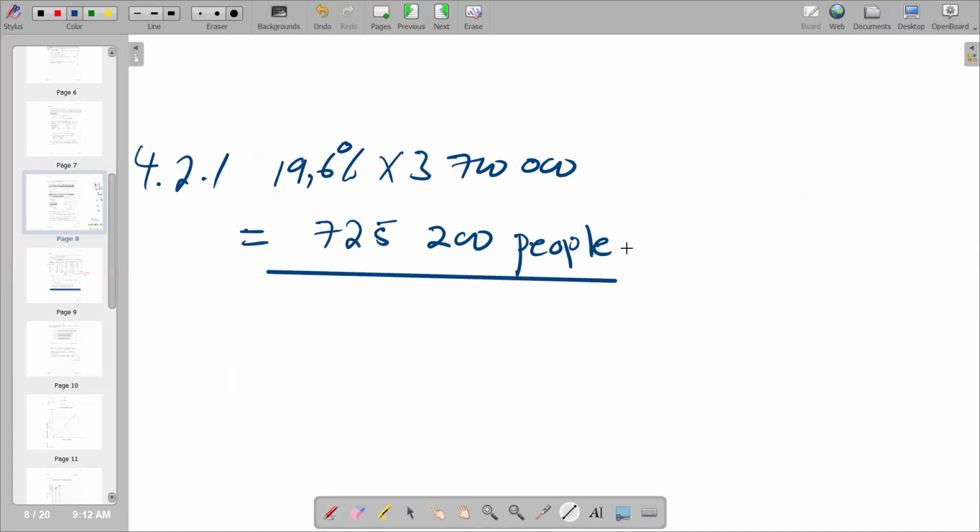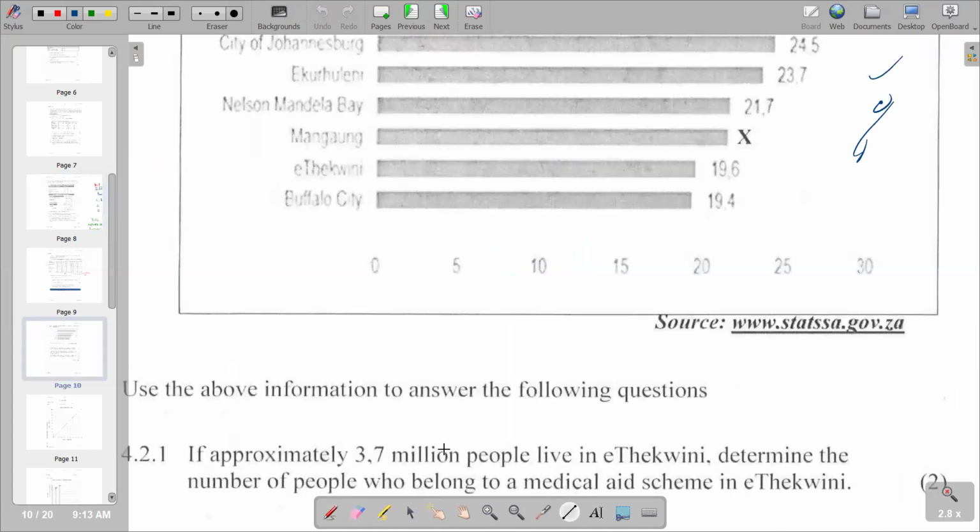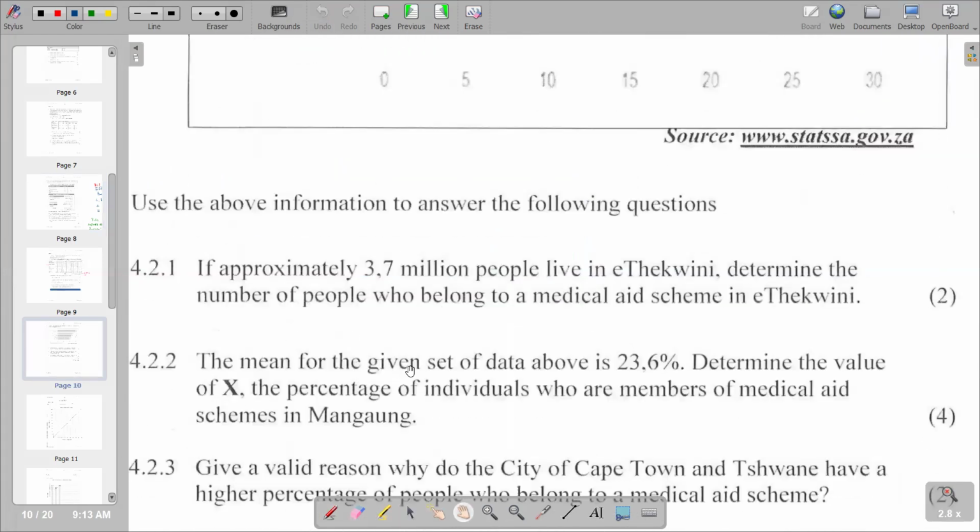So we can as well try to see in terms of that calculation. So moving on to the next question that we have, which is saying the mean for the given set of data above is 23.6%.